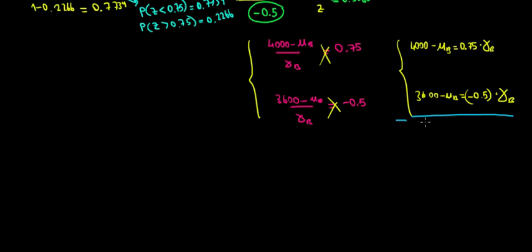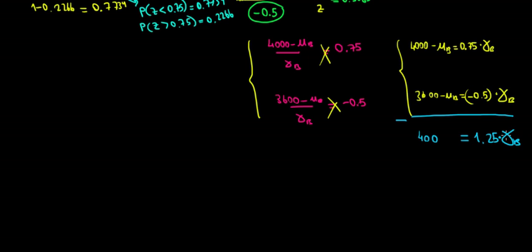4,000 minus 3,600, that's equal to 400, minus the mean minus minus the mean becomes minus the mean plus the mean, which is just 0, so it cancels out. 0.75 minus minus 0.5 becomes 0.75 plus 0.5, which is 1.25 multiplied with the standard deviation of the lifetime of the lamps.